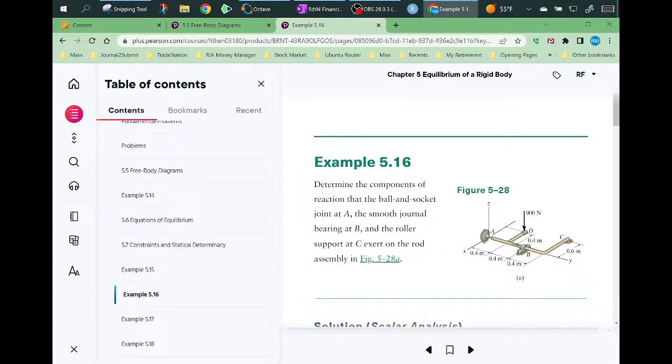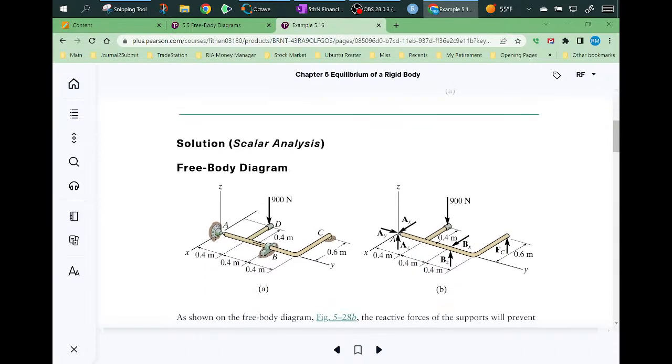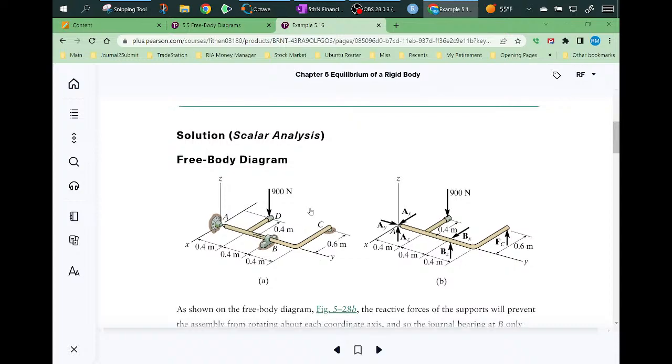Okay, determine the components of the reaction that the ball and socket joint at A, the smooth journal bearing at B, and the roller support at C exert on the rod in 5-28A. I don't agree with this.